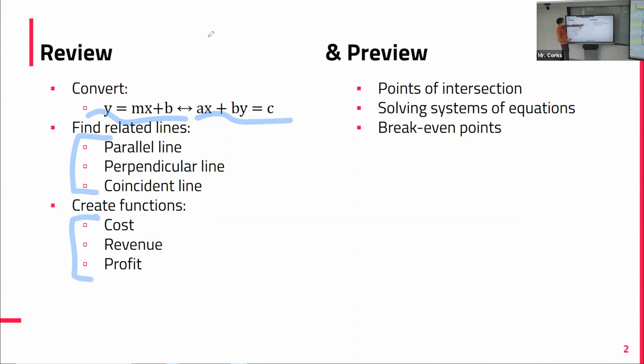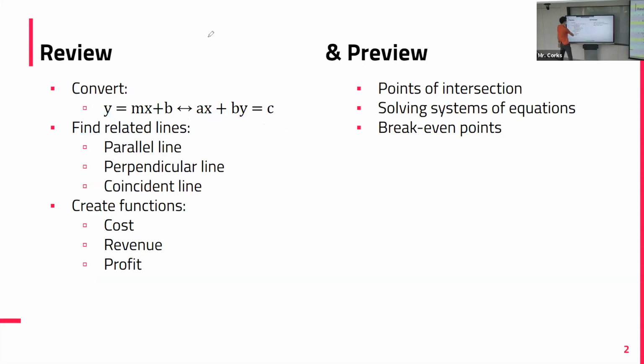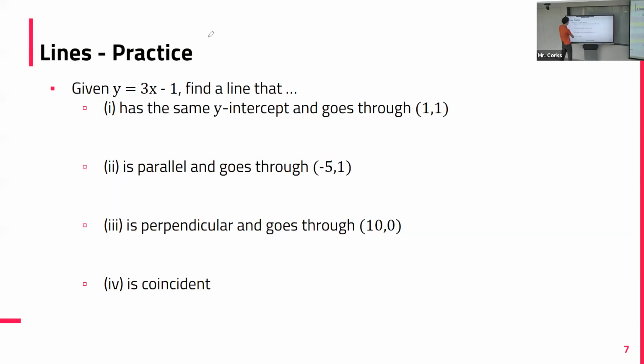So, intersection points, systems of equations, and we'll talk a bit more about break-even points at the end. Okay, so we did this last time. I won't go through this example again. We had this one line, y equals 3x minus 1, and asked for the line that has the same slope but goes through a different point.